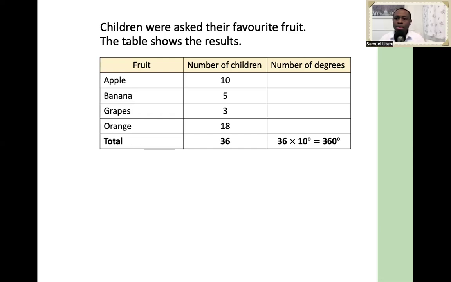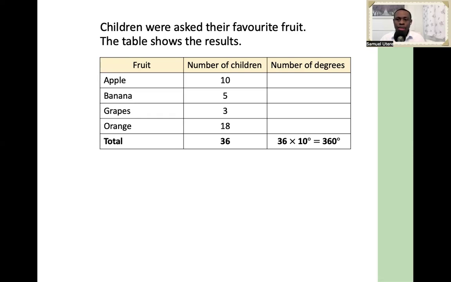Now, how do we take the total data in a pie chart and make it equivalent to 360 degrees? It is by looking for a special number that we can multiply the total number of data that we have to get 360 degrees.